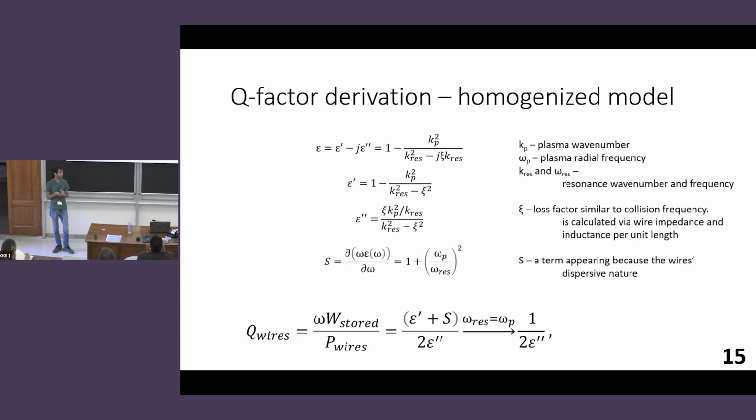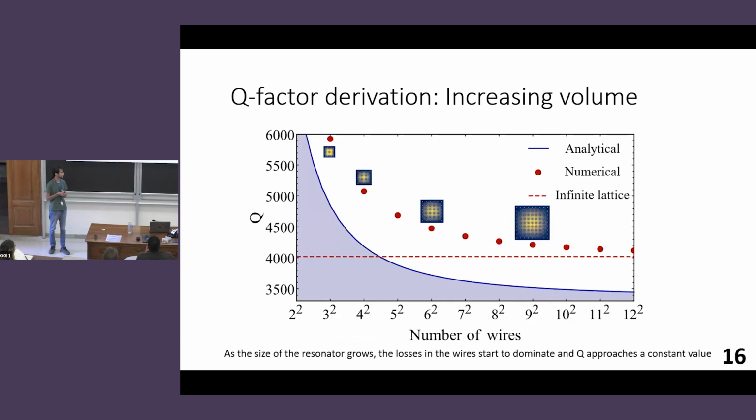As you go from a small cavity to something infinitely large, but just in theory, you approach the same behavior as an infinite lattice of wires, as an infinite metamaterial. And the losses in the cavity end up looking very close as well. So this is how it looks if graphed out.